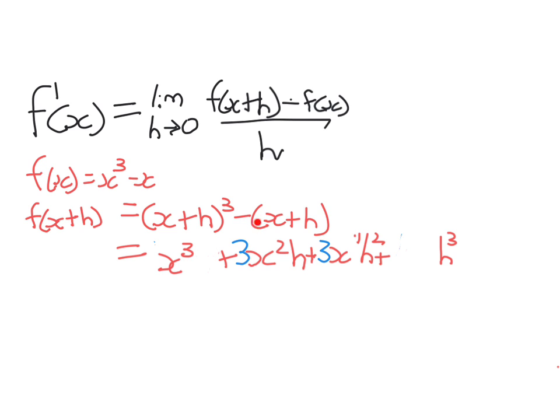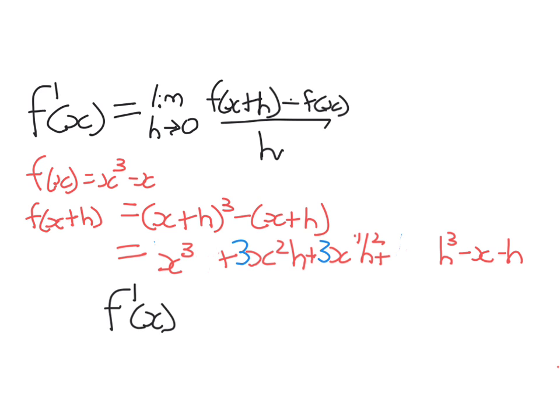And then we've got this part here, minus x plus h. We can't forget that. The minus just goes to each term, so it becomes minus x minus h. All of this long complicated expression is f of x plus h, what I'm going to substitute here.